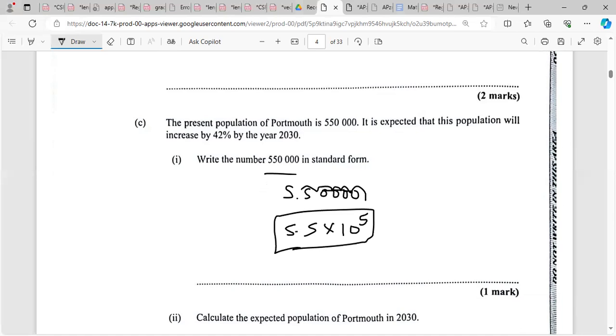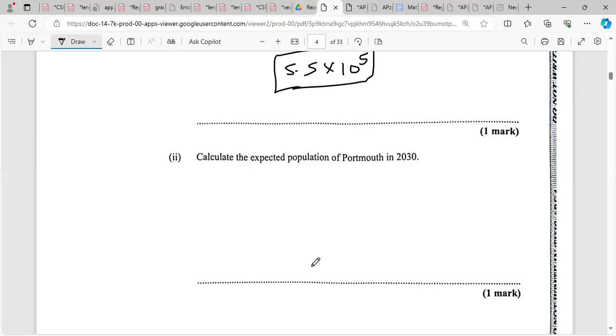Alright, so let's go. Calculate the expected population of Portsmouth in 2030. So it's 42% increase, so that's 142 over 100 times the original, which is 5500. Calculate, punch it now, guys.